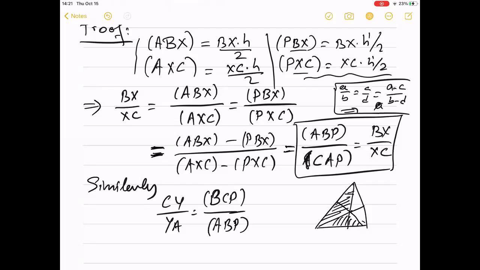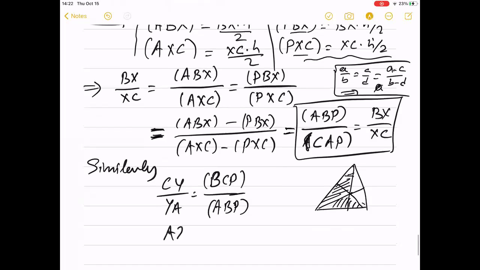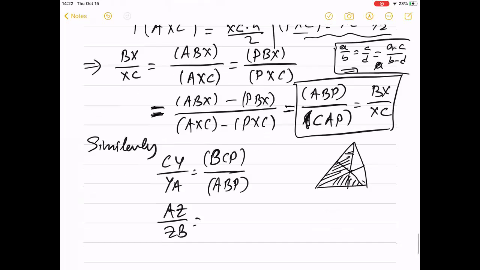Okay, and AZ over ZB. Similarly, let me use different colors for shading. This is AZ over ZB.